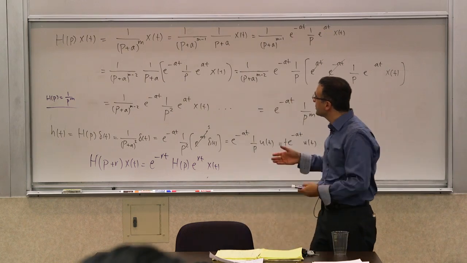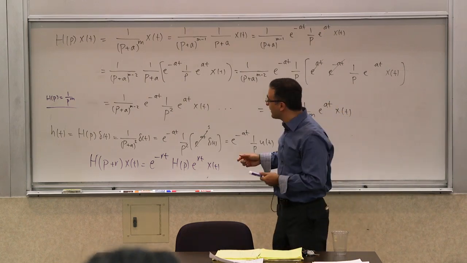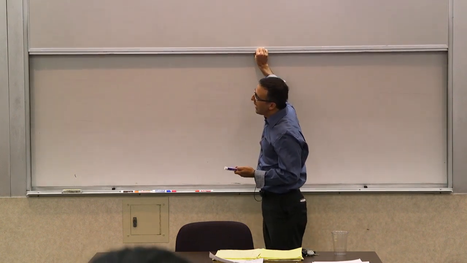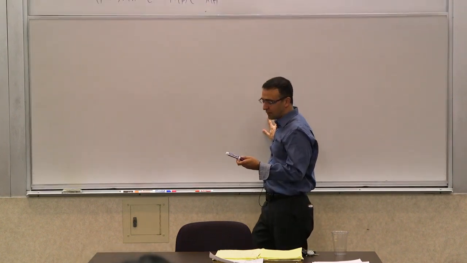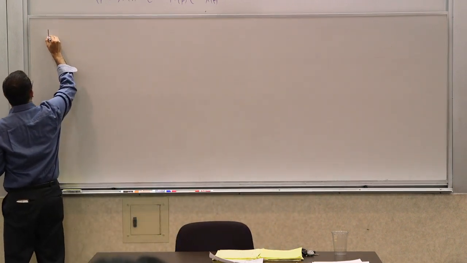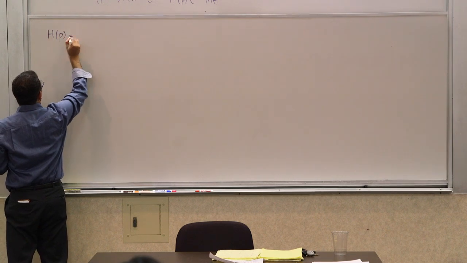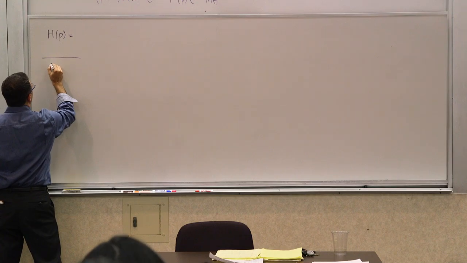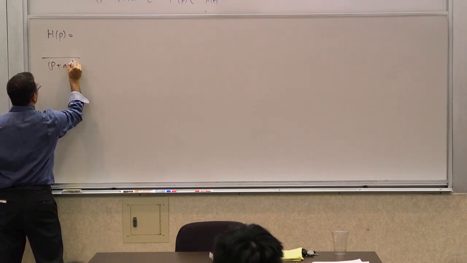Okay, so why is this useful? Because now, what do we do when we have multiple roots? Let's say you have an h of P that has multiple roots. What do we do with that? Let's say you have an h of P that has a denominator of the form P plus A to the power of m.